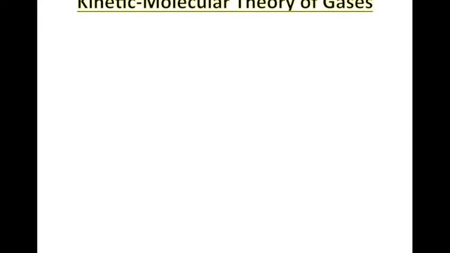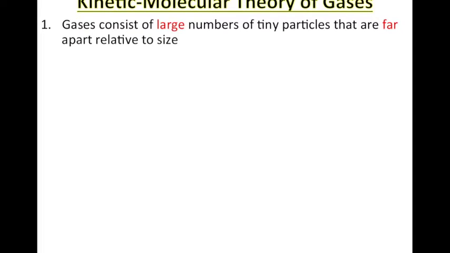So the first thing that we need to talk about is the kinetic molecular theory of gas. It has 5 parts. The first part says gases consist of large numbers of tiny particles that are far apart relative to their size. So in gases we have lots and lots of particles, but those particles are very, very small.